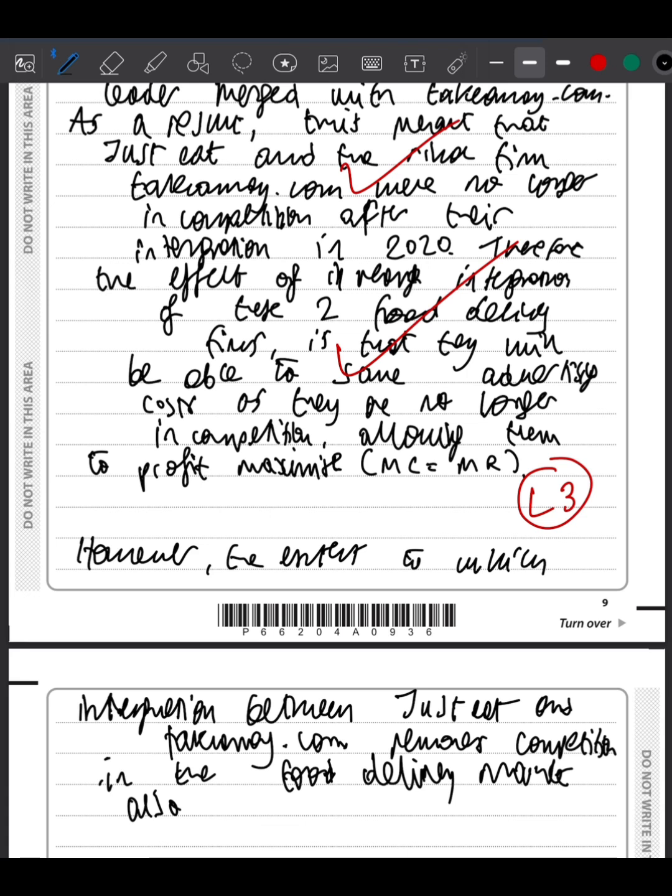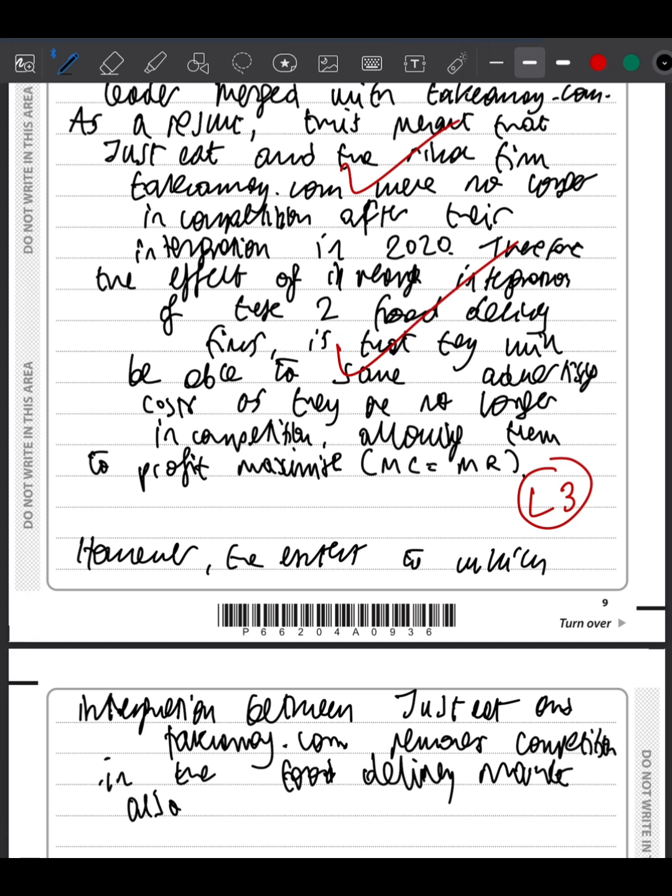For example, let's say Just Eat has 20% market share, and the German firm Takeaway.com has only 1%. That means competition doesn't really fade away because the other company is only 1%. Whereas, let's say Just Eat is 25%, so in total it's only 26%. So really, the extent to which competition is removed is limited. Okay, so that's your point.